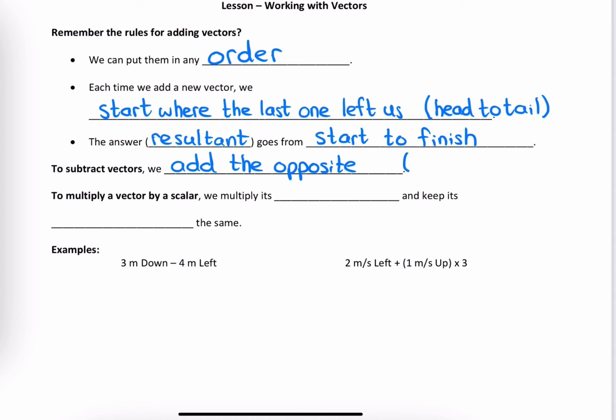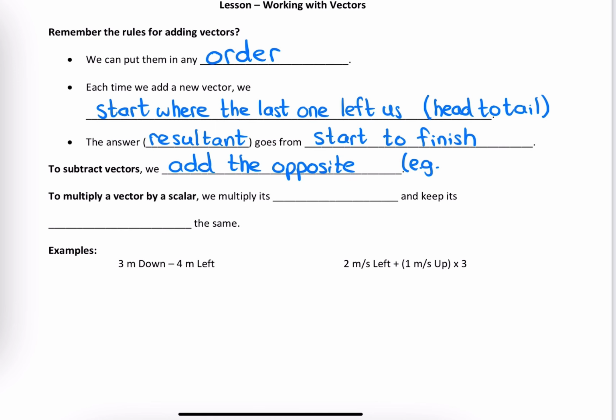So for example, if I have 4 up minus 3 left, that can be rewritten as: to subtract a vector, I add the opposite.